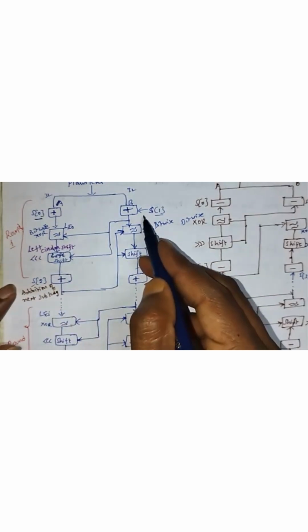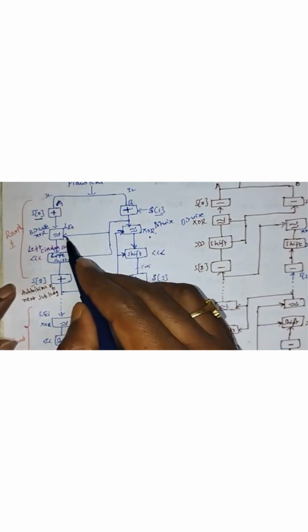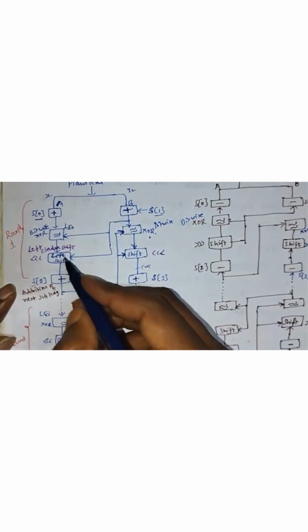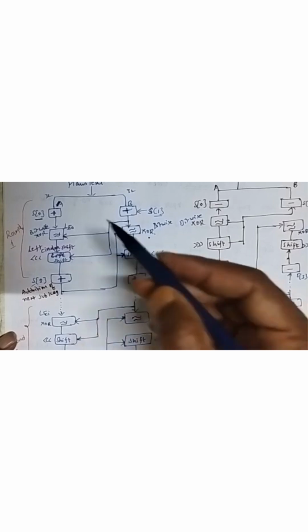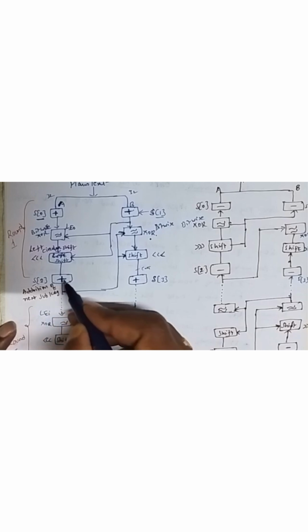And after that we will perform a bitwise XOR operation on the left side with the help of the right side data. After the result of the XOR operation, the data will be shifted left with the help of the right side data again. After the result of the shift operation, we will add the next sub key S2.